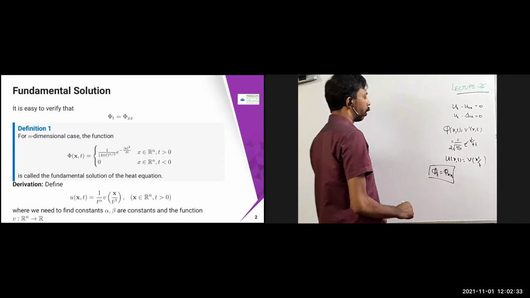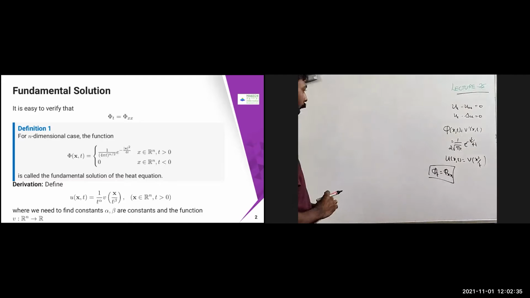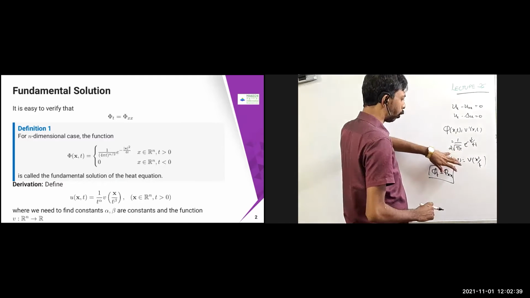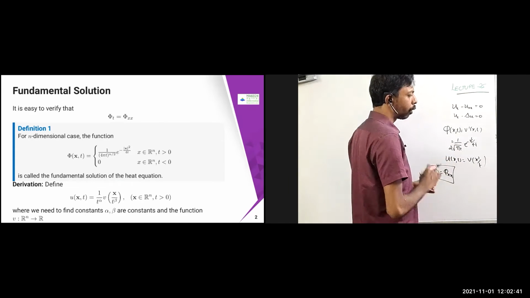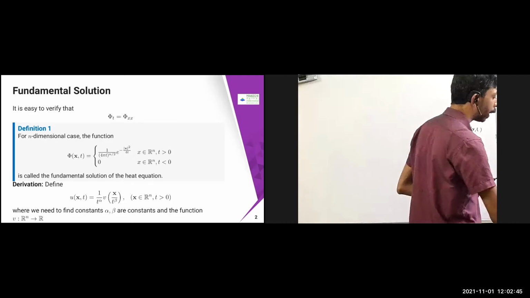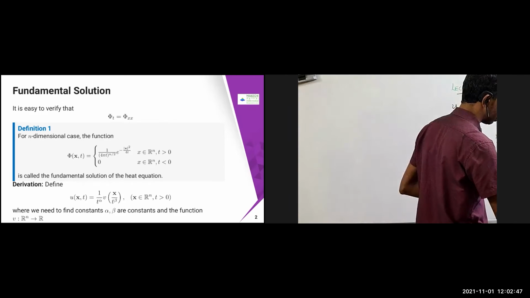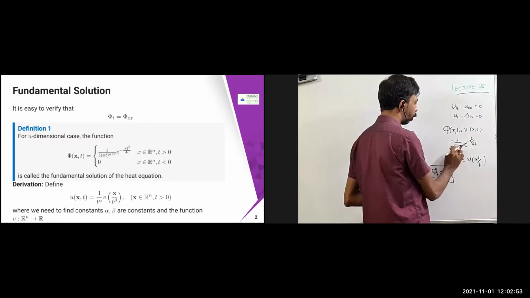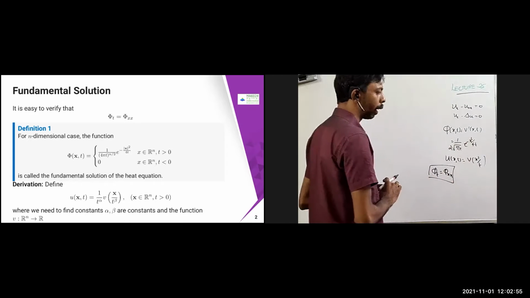So this concept I'm just going to generalize. Here you have 1 by 2 into square root of pi t. That one I'm going to generalize, and then obtain the answer for the n-dimensional case. That's what we are going to do in this class. Last class we discussed 1 by 2 into square root of pi t into e power minus x square by 4t.